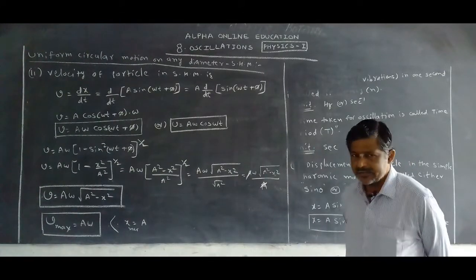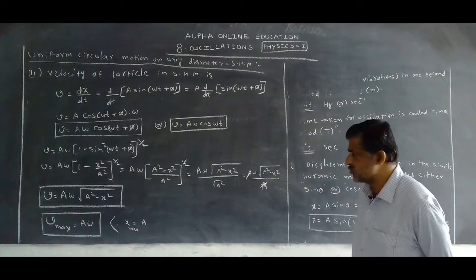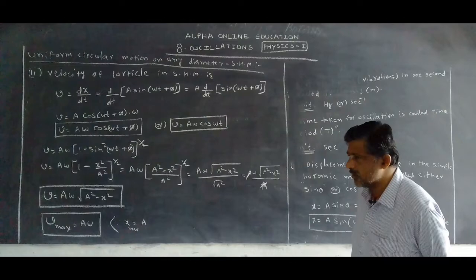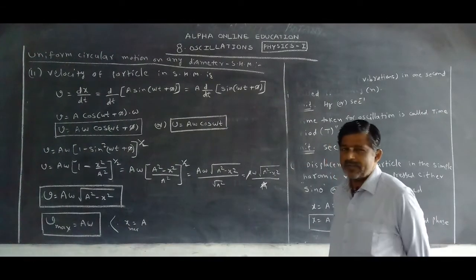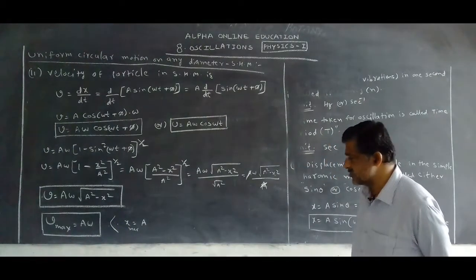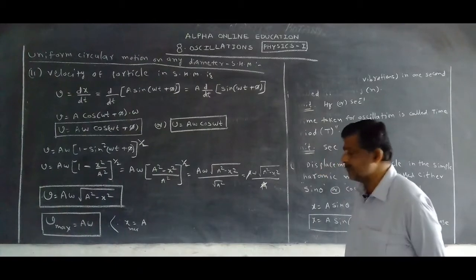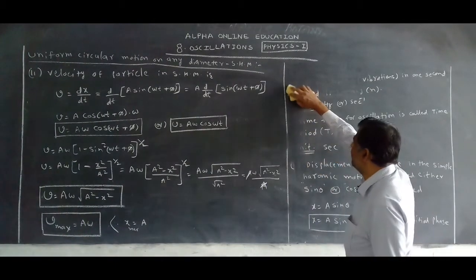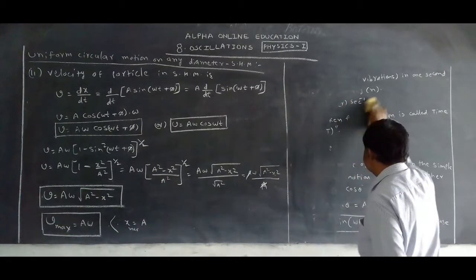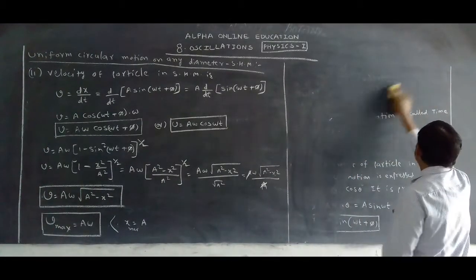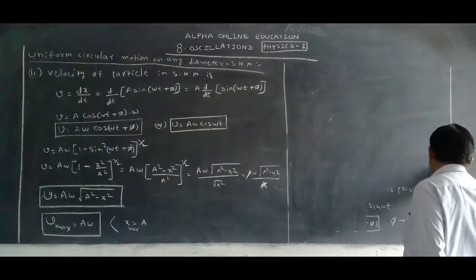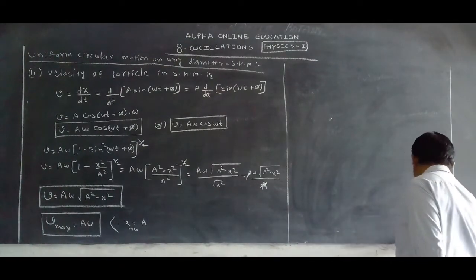V is equal to a omega root (a square minus x square), or maximum velocity is a omega. Why? For maximum velocity x becomes a, so V maximum is equal to a omega. This is the equation for the velocity of the particle in SHM.